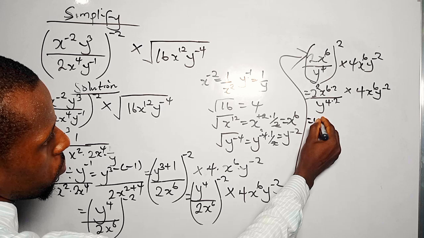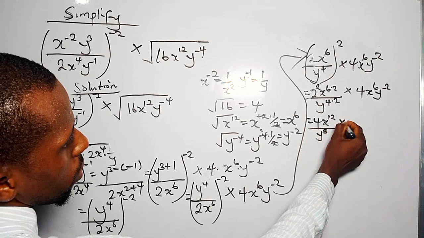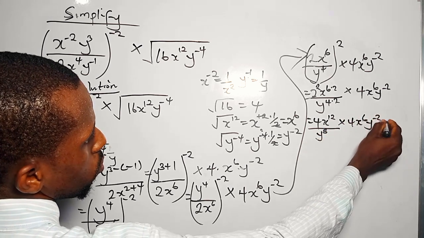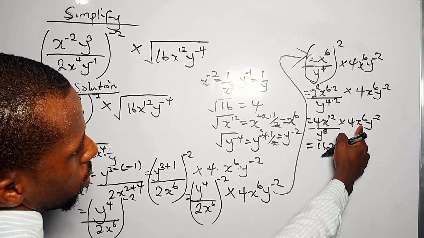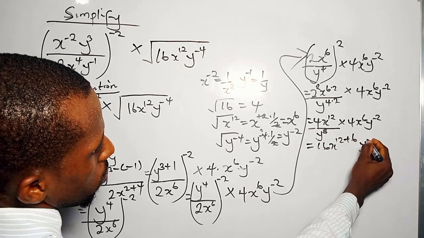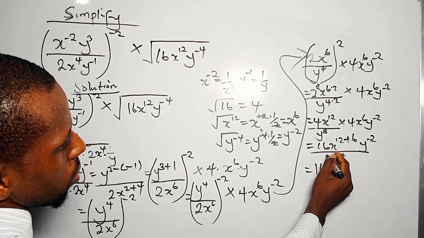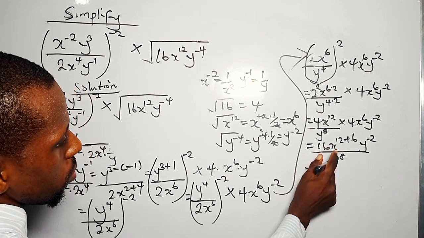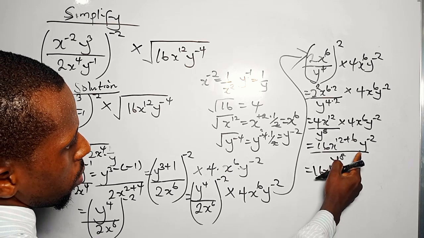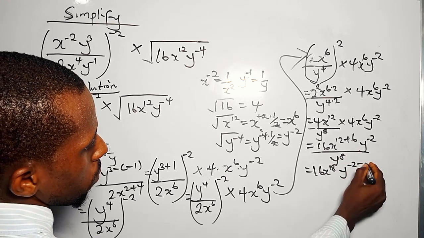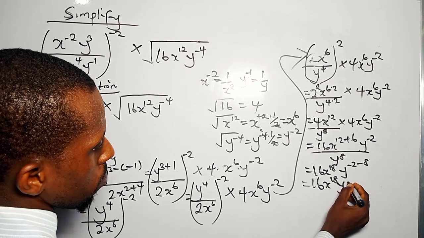For 2 squared, we have 4x^12 divided by y^8, times 4x^6 y^-2. 4 times 4 is 16, and x^12 times x^6 gives x^18, so we have 16x^18 y^-2 divided by y^8. Dividing, we have y^(-2 minus 8), which is y^-10.